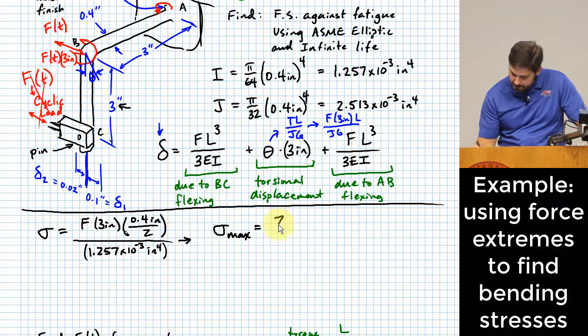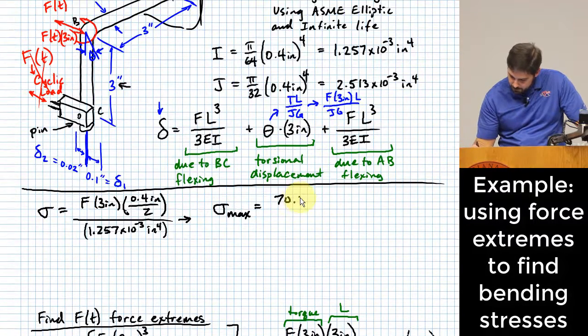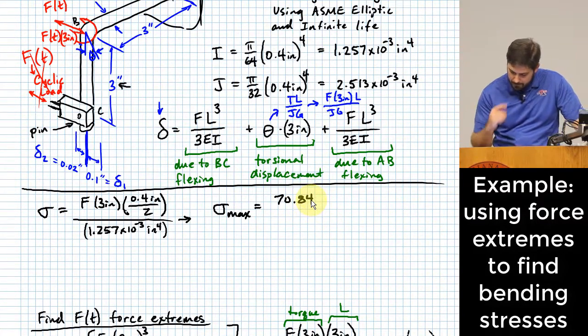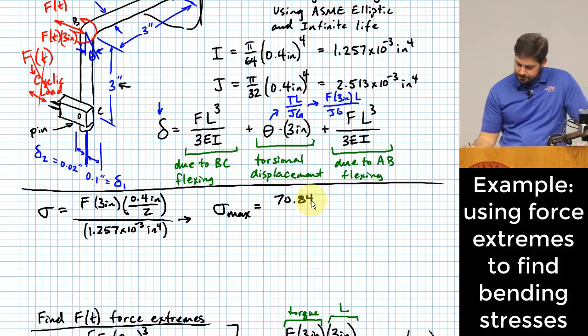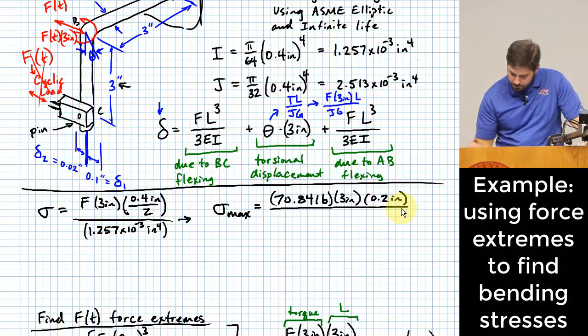We'll just plug in 70.84 pounds times 3 inches times 0.2 inches over 1.257 times 10 to the minus third inch to the fourth.